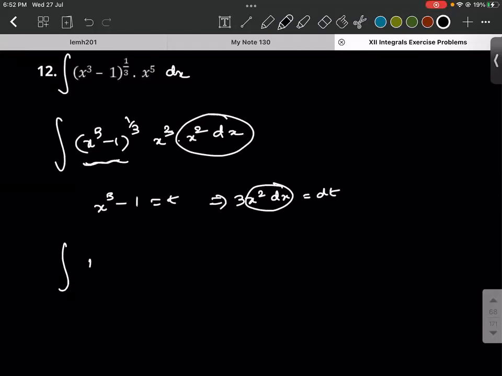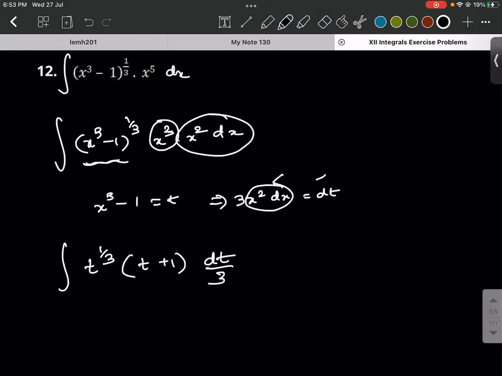How can I write it? It is t power 1 by 3 into x cube and t plus 1 into x square dx. What can I write it as? dt by 3. Observe this step. If there is any doubt, let me know. Easier.